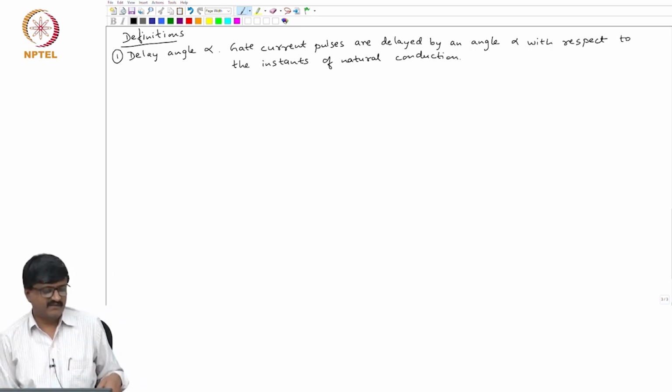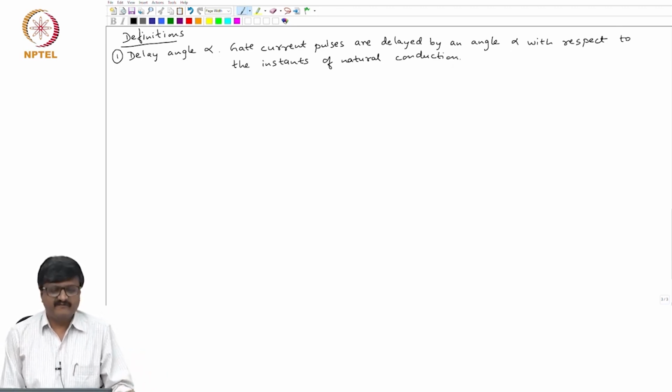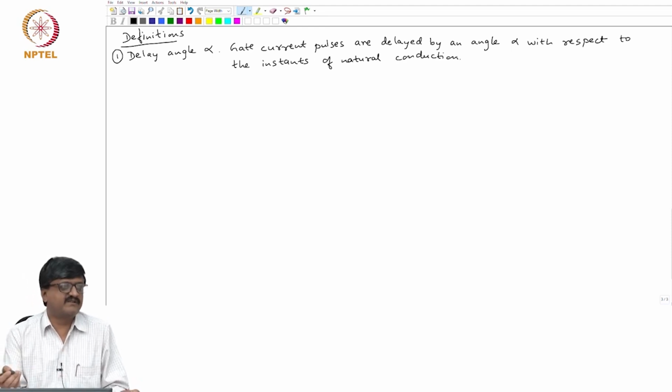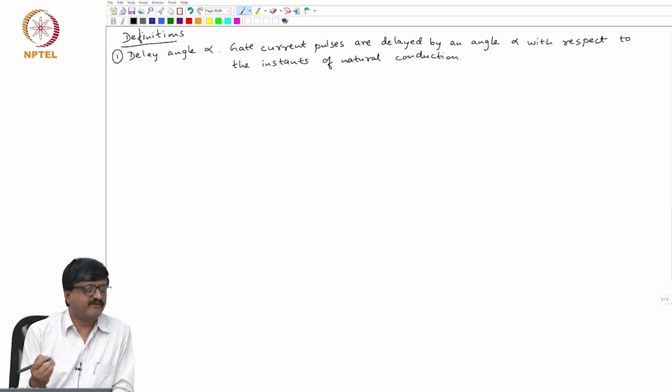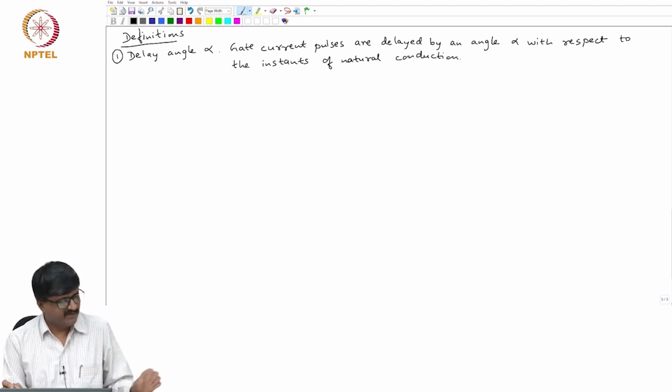So, if continuous gate current is applied, then what we get is natural conduction or diode operation. If we give only gate current pulses, and that too delayed with respect to the instant of natural conduction, that is what is desired if we want to have control. The purpose of using thyristor valve is to have control.